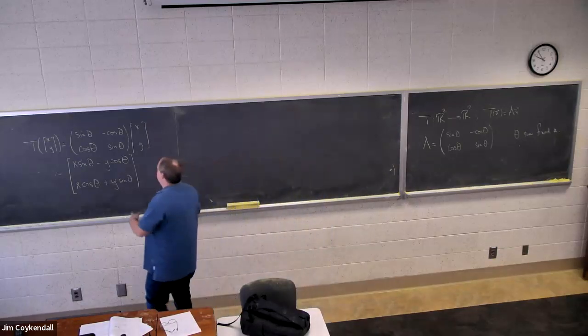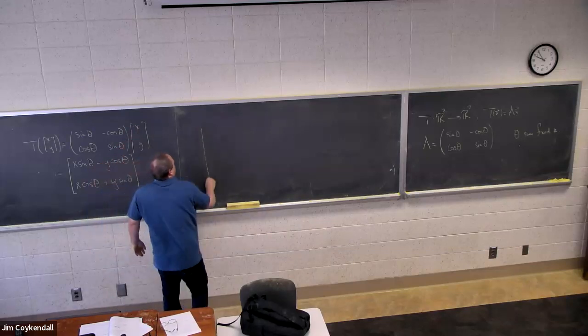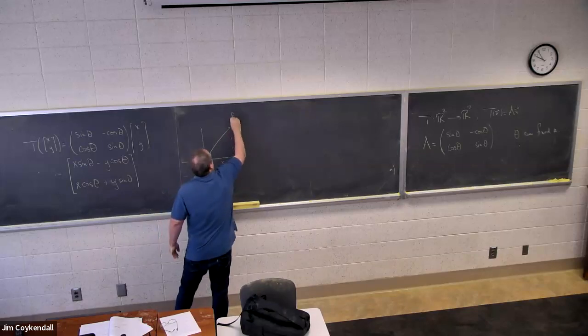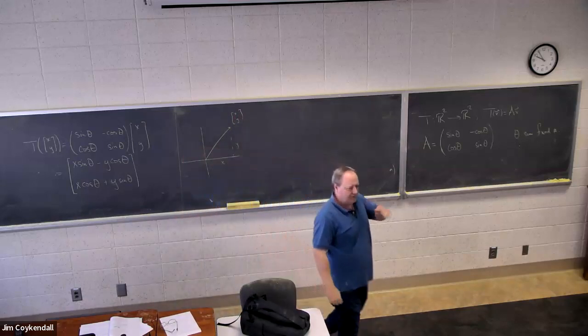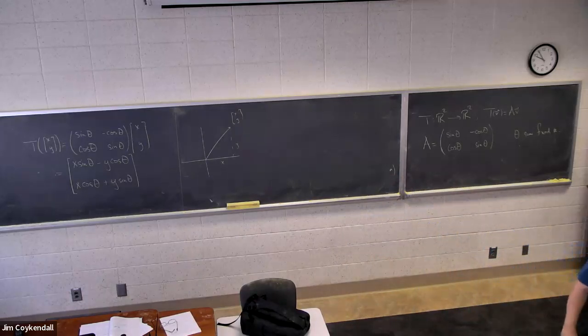Let me ask you this. My input vector x, y, I drew a picture of it. It's got some x coordinate here, some y coordinate here. How would I figure out how long that vector is from your experience in trigonometry? x squared plus y squared. The square of the length, right?